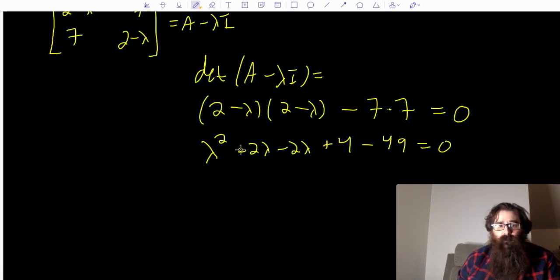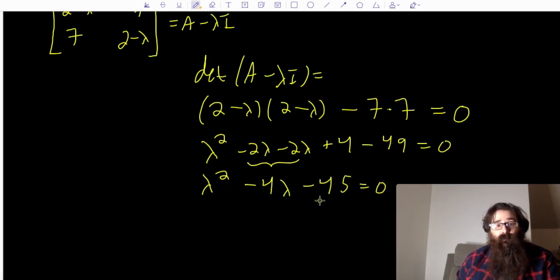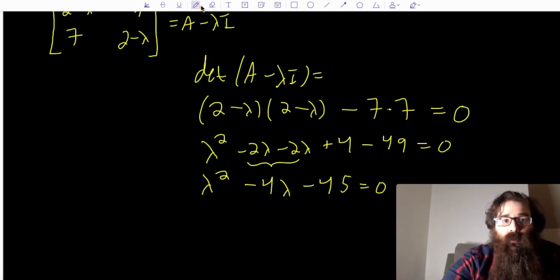I set this equal to 0, and let's clean it up. So lambda squared, negative 2 lambda minus 2 lambda is minus 4 lambda. Combine the constants, 4 minus 49 is negative 45. That's equal to 0. This is actually my characteristic polynomial on the left-hand side. Let's name these things. I'm not quite done with it.